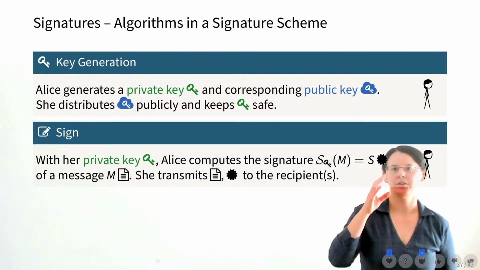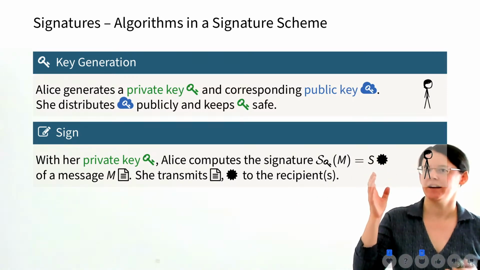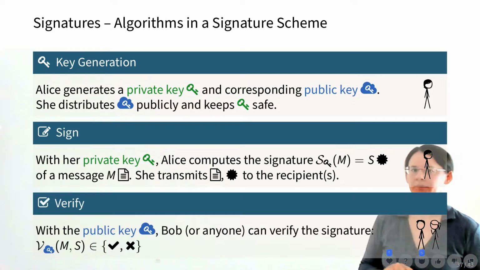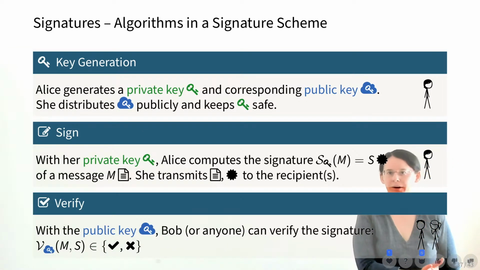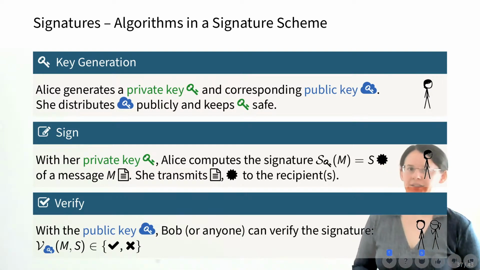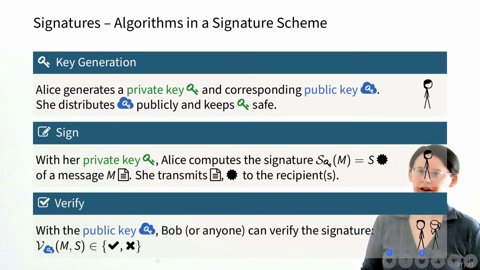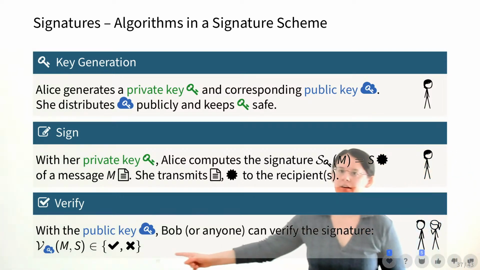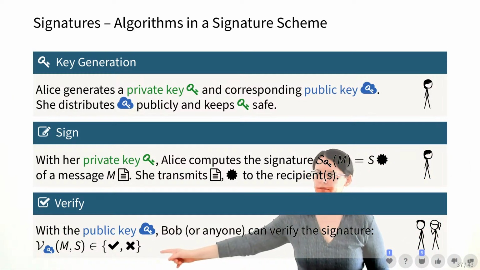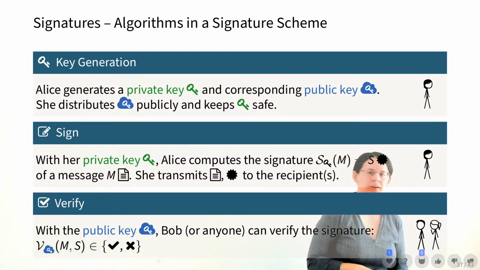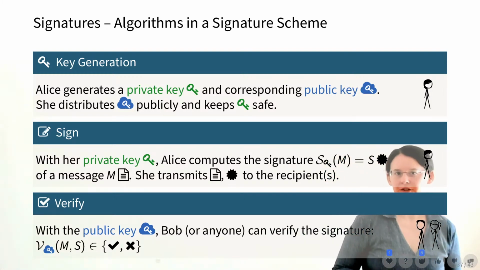You already know this concept from authentication tags, except that it's now asymmetric. And asymmetric means that everybody can now verify this. So they have a verification algorithm which takes the message and the signature and answers either that's correct or that's wrong. And if it's wrong, then we need to throw away the message because it was garbage.